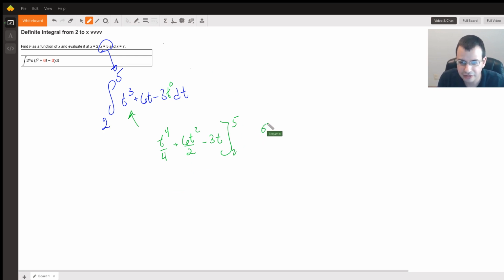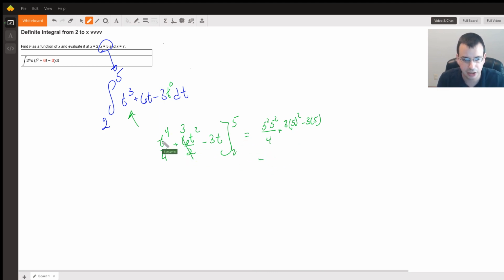We'll do 5. Instead of writing 5 to the 4th, I'm going to write it as 5 squared times 5 squared. It's just easier for me to think of it that way. Plus, this will be 3 times 5 squared minus 3 times 5. Then we'll subtract off from that with everything being 2.